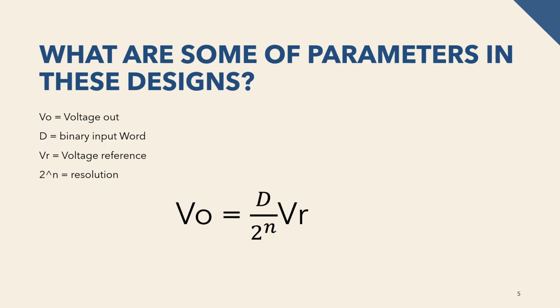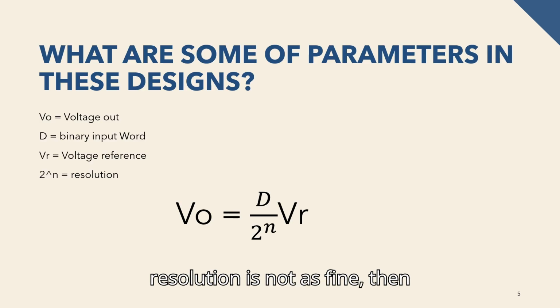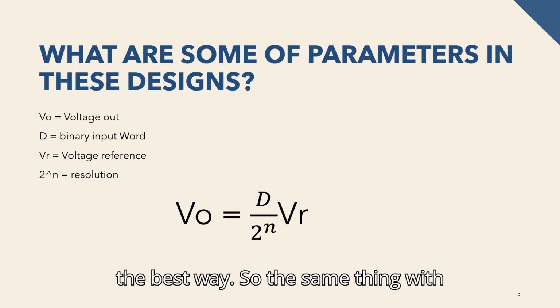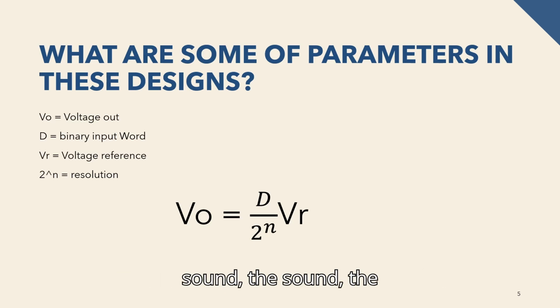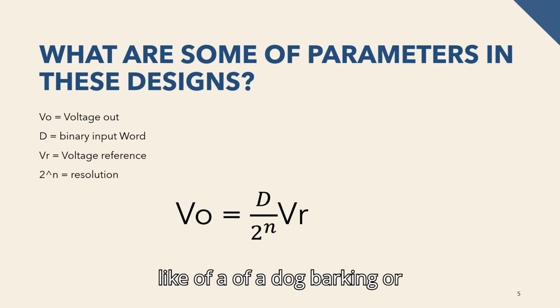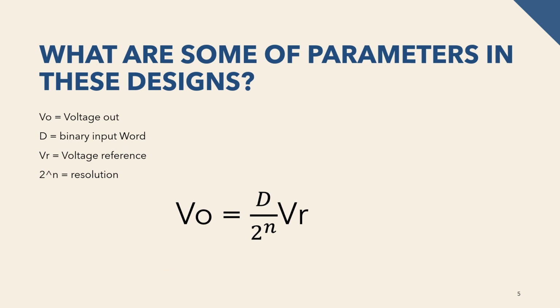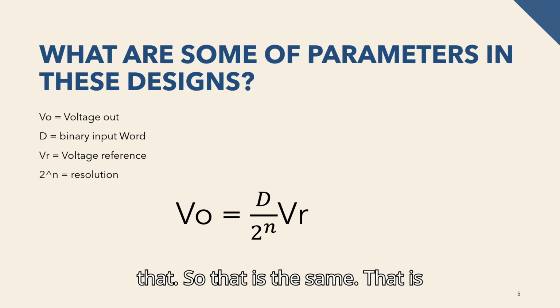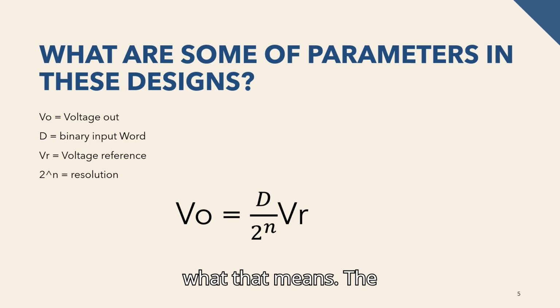If the resolution is not as fine, then the picture gets more blocky. That's the best way to think of it. It's the same thing with sound. The higher the resolution, the more faithfully it can produce the sound, like a dog barking or music out of a guitar. That is what that means.